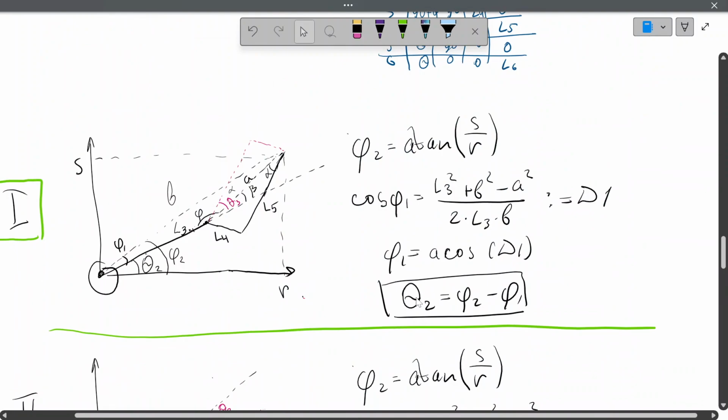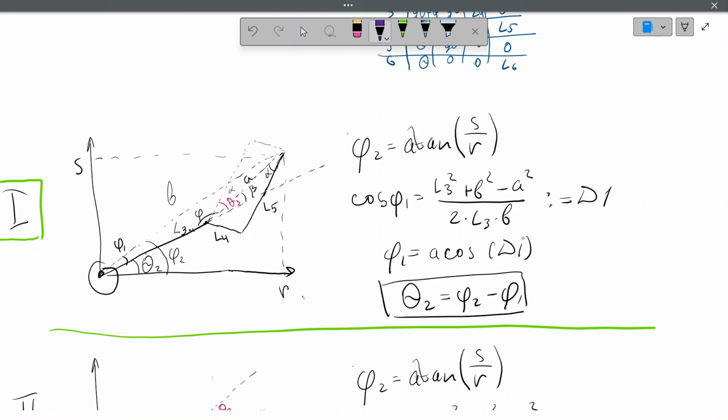Next, let's see how to calculate theta 2. So theta 2 is here. First of all, we will find phi 2. For phi 2 we take into consideration this triangle.